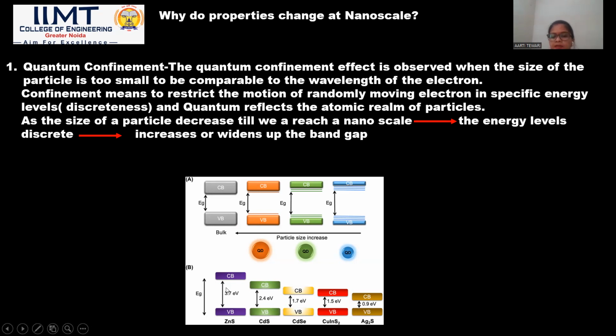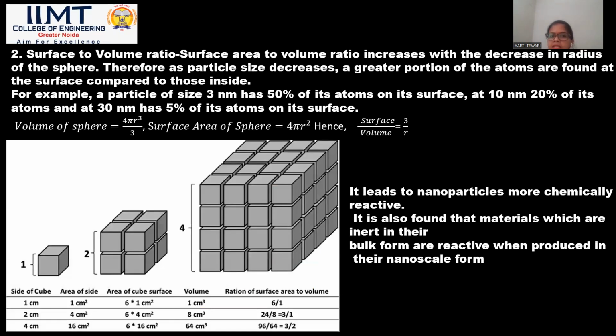Okay? So you have 3.7 electron volts for zinc sulfide, and for Ag2S you have 0.9 electron volts. But this is an important property, quantum confinement, and that happens only at nanoscales.